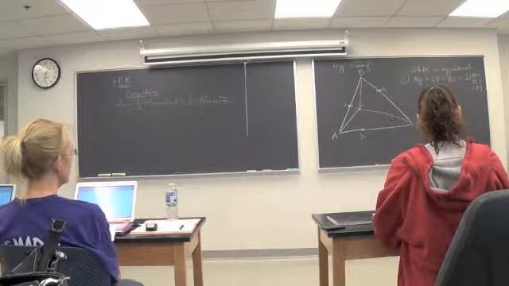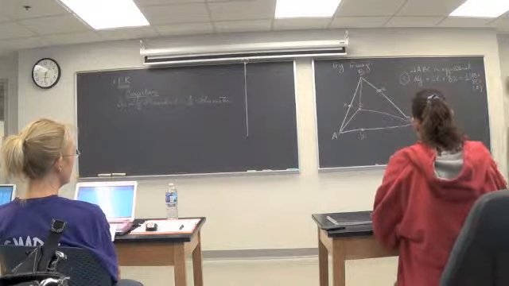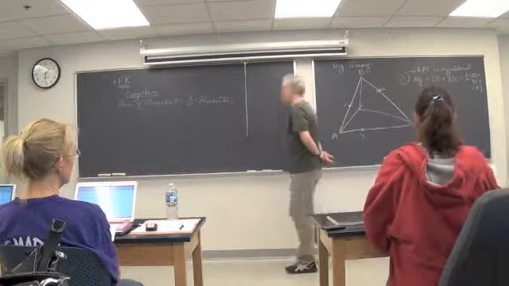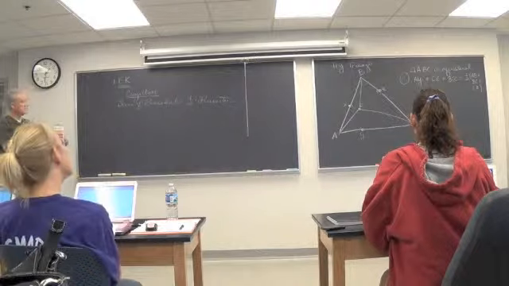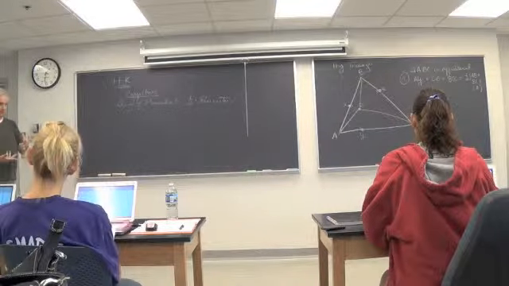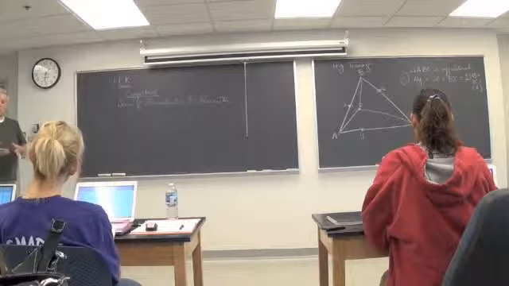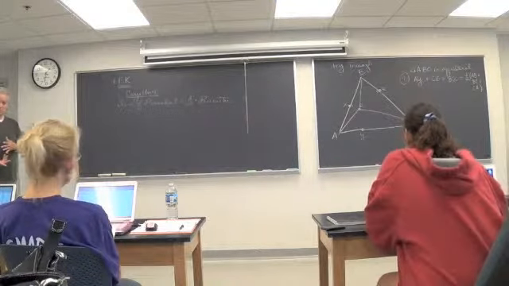But I think drawing these pink line segments may be the key to what we need to do next. Because now we're introducing new triangles that we can say new things about.